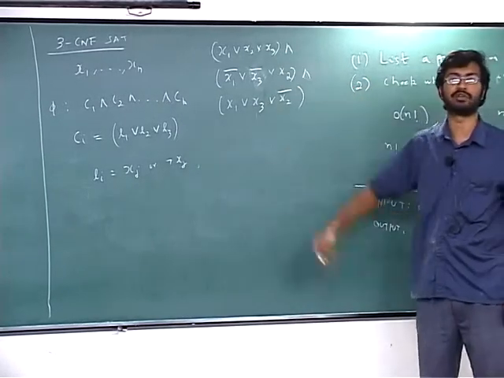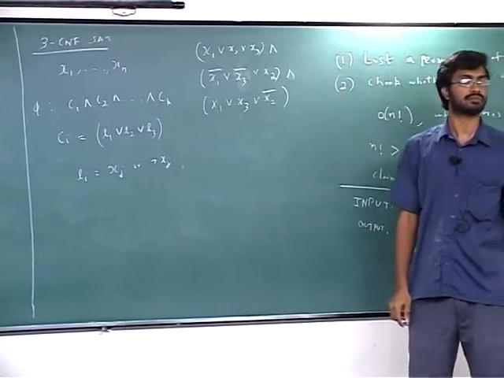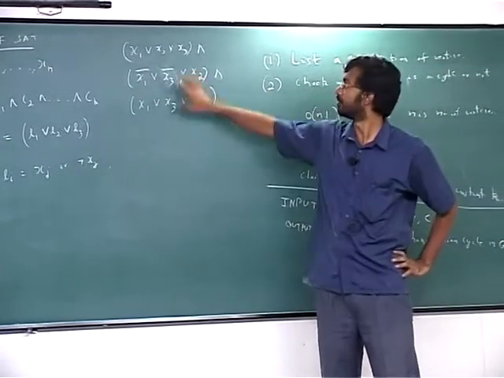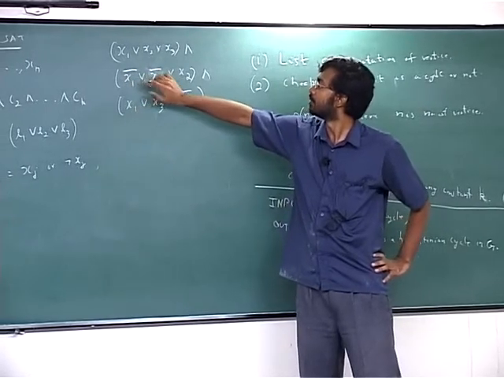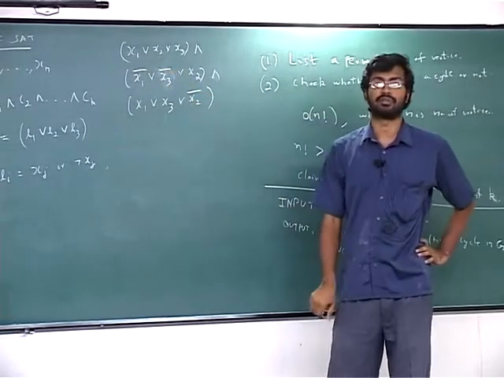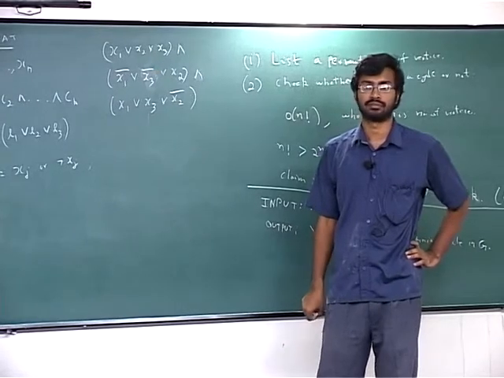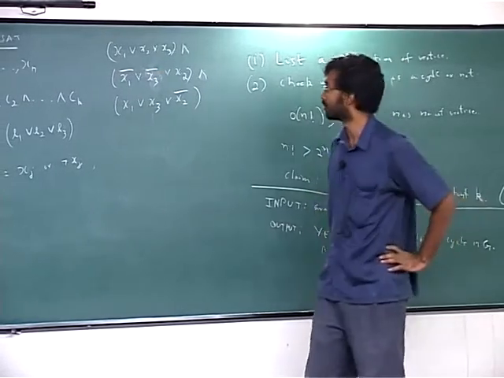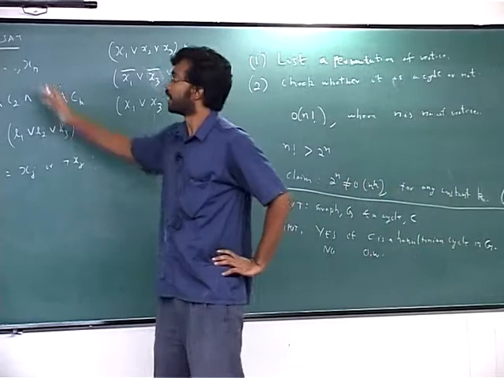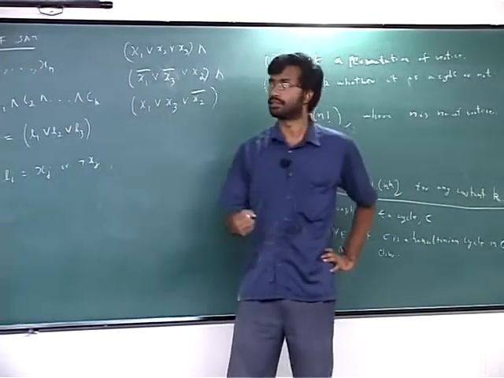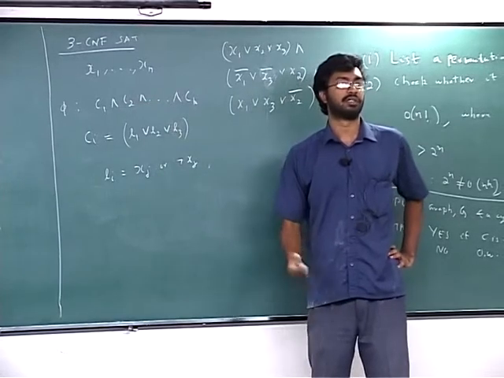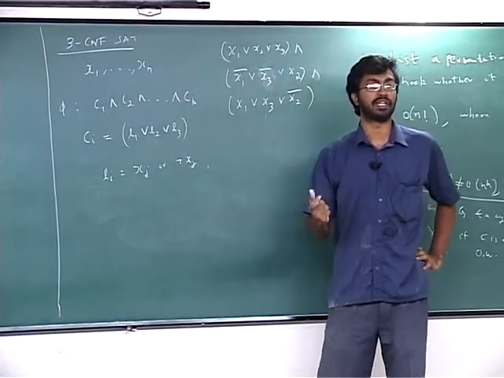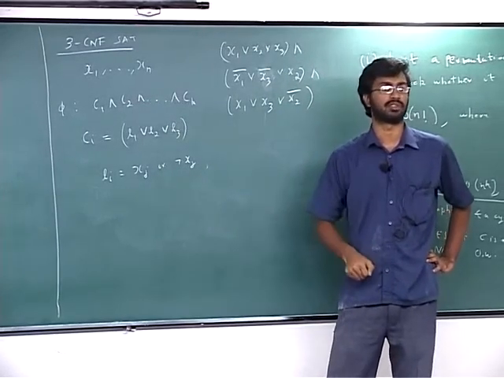This formula doesn't have a truth assignment, because whichever way you put it, if you put x1 as 1, then it won't have a truth assignment. So the 3SAT problem is: given a Boolean formula like this, can you say whether there is an assignment which will evaluate to true or false? That is the problem.